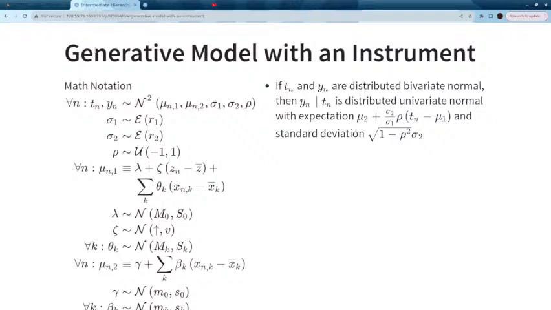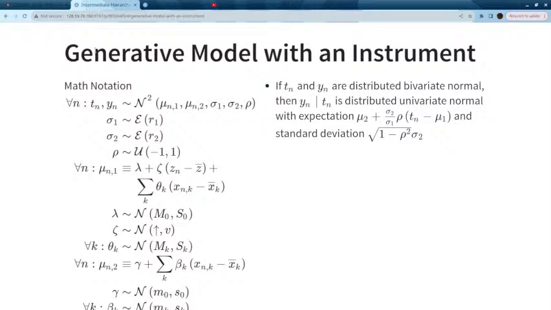So the main thing to keep in mind here is that if t and y are distributed bivariate normal, then the conditional distribution of y given t, we've talked about a couple times, is going to be univariate normal with expectation that's shifted over by the ratio of the standard deviation of the outcome to the standard deviation of the treatment times the correlation between the errors times the difference between the treatment and its expectation.